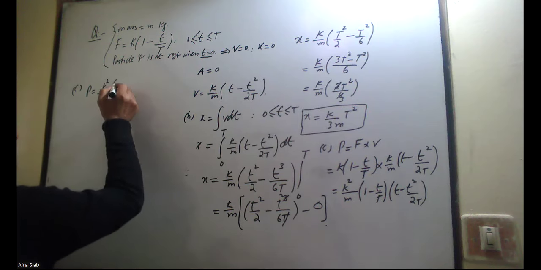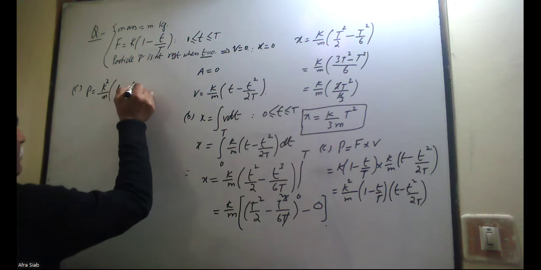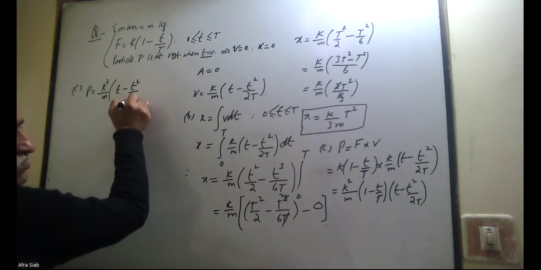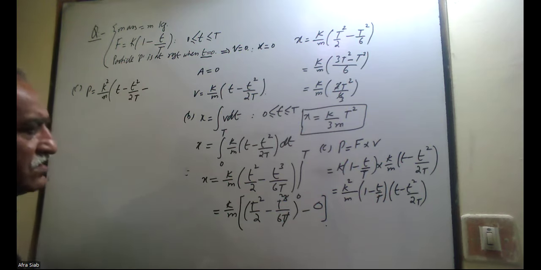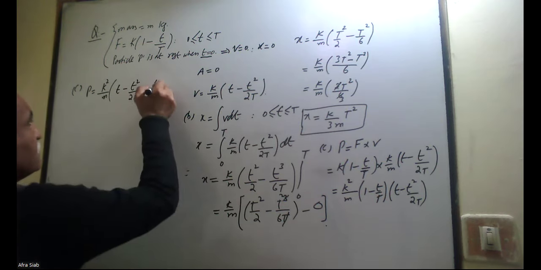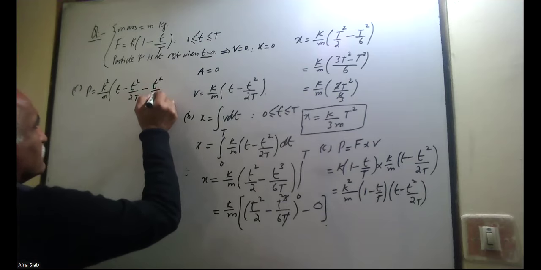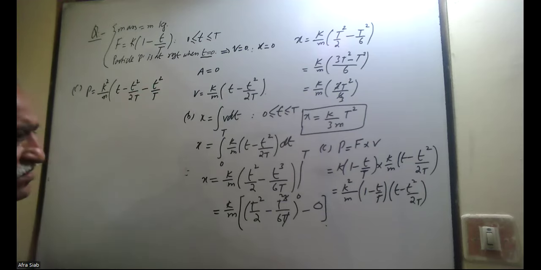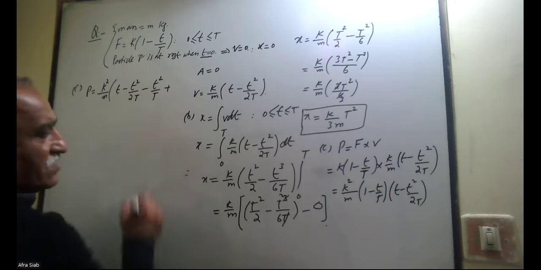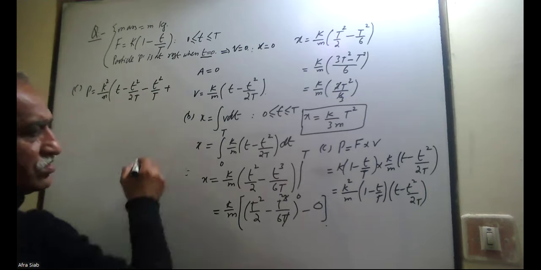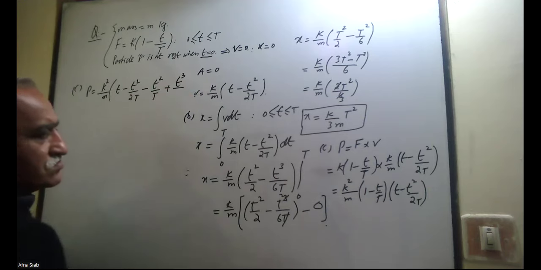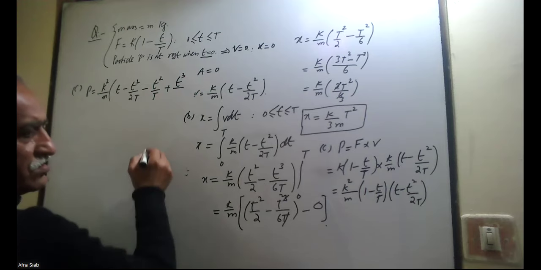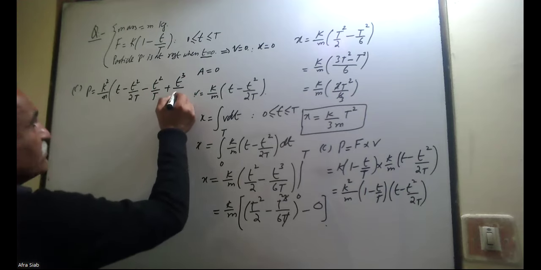So t minus t square over 2t minus t square over t, minus minus plus, it should be equal to t cube over 2t square.